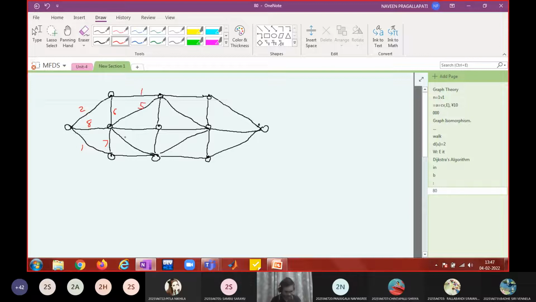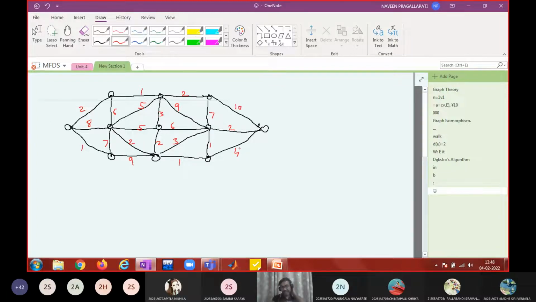This is 5, this is 5, this is 2, this is 9, this is 2, this is 9, this is 9 and it is 3, and it is 6, this is 2, this is 3, this is 1, this is 7, this is 1, this is 2, this is 10, and this is 4.